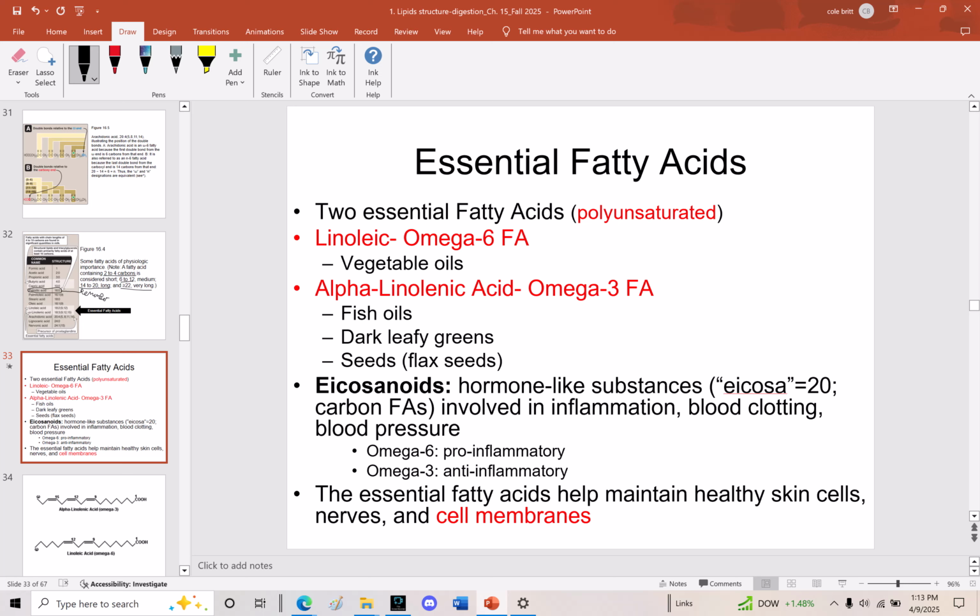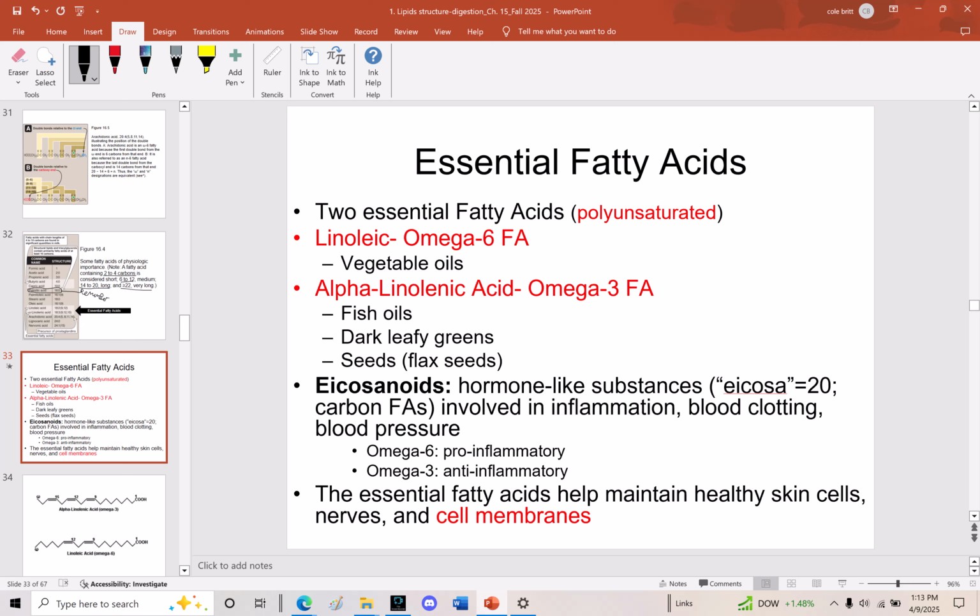So there are 2 types, omega-3 and omega-6, which are the general terms for these fatty acids. There's technically a family of omega-6 and omega-3s. The omega-6 family is primarily linoleic. My finger doesn't work as well.